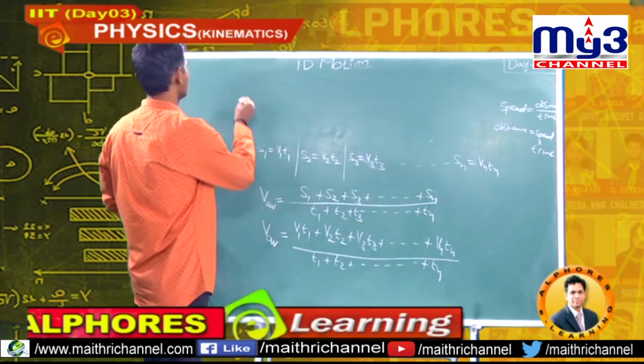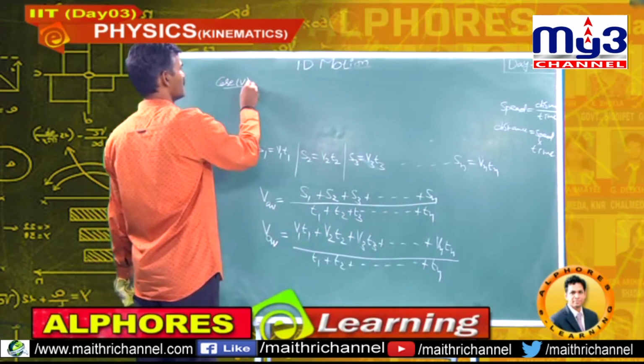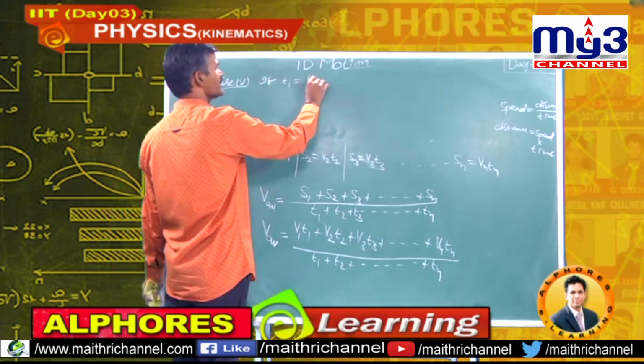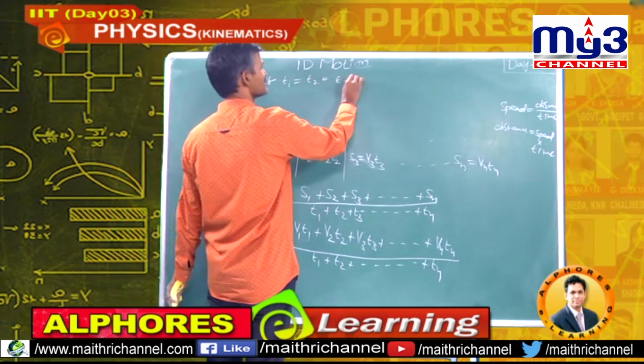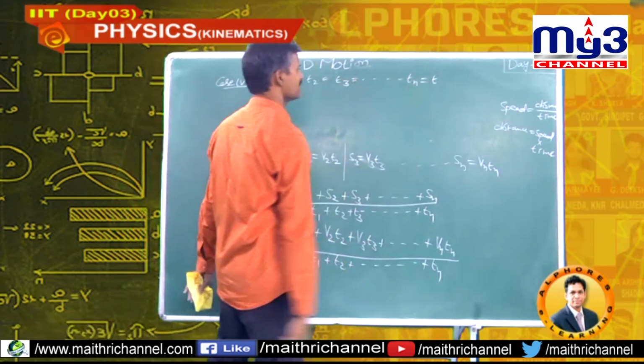What happens in case 5, if T1 is equal to T2 is equal to T3 and so on, Tn is equal to some t?